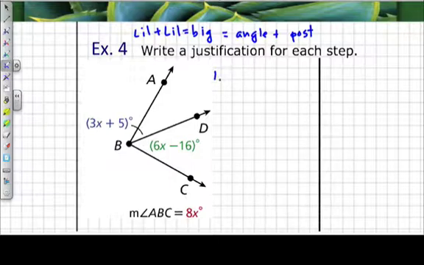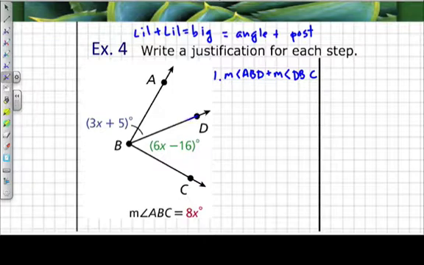So here, my first step is going to be to say the measure of angle ABD. Look at which angle that is. ABD. That's this one. Plus the measure of angle DBC.